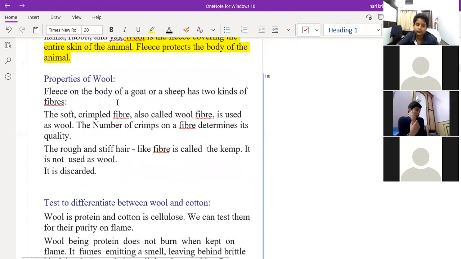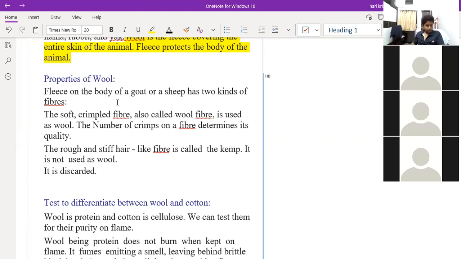The fleece on the body of the goat or the sheep has two kinds of fibers. The soft crimped fiber is called wool fiber. The rough and stiff hair-like fiber is called kemp. Sir, I didn't think there was cellulose in wool; it had protein.